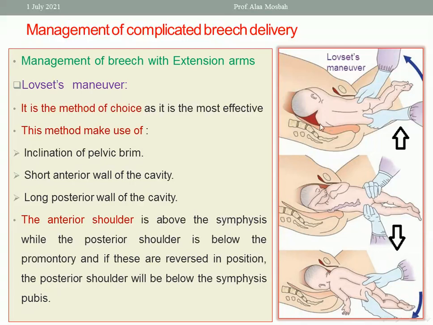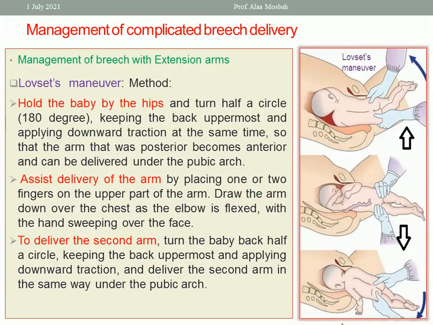So this posterior shoulder becomes anterior, then deliver the shoulder. Then rotate another 180 in the reverse direction. Then the posterior shoulder becomes anterior and deliver it. Okay?